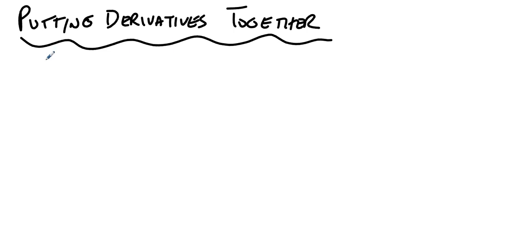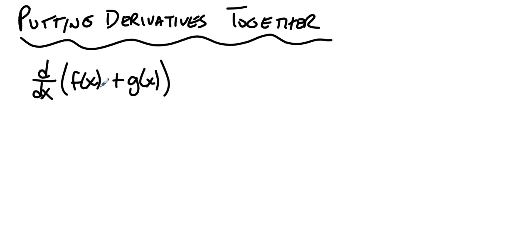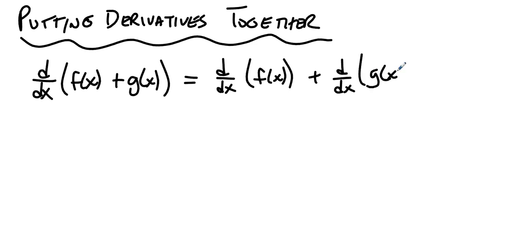Three things to note here. One is if you take the derivative with respect to x of the sum of two functions, so you add two functions together, you want their derivative. Well, that's the same thing as taking their derivatives separately and adding them.